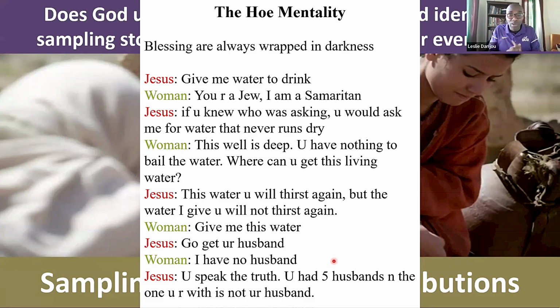As the conversation went on, she realized that she was actually talking to the Messiah, this person that was going to come back to save them from their sins. From this point is where we're going to pick up from our scripture verse. And once again, we're using this to help us make informed decisions.